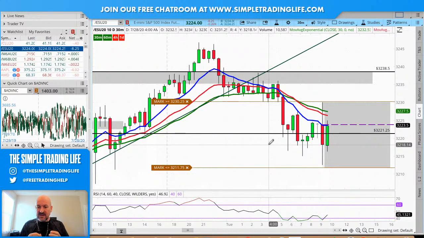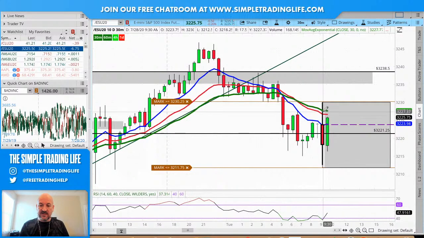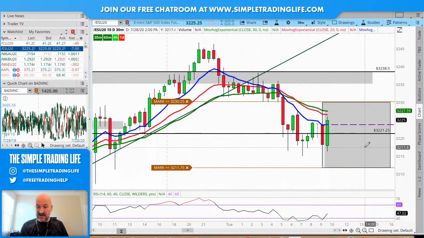Sometimes the reaction to news that may have come out at like say 8:30 or 8:55 or whatever, the main reaction won't happen until this initial 9:30 candle. So you have to take this candle with a grain of salt. However, what you do want to notice is the range that it creates. So today it made a pretty big range.